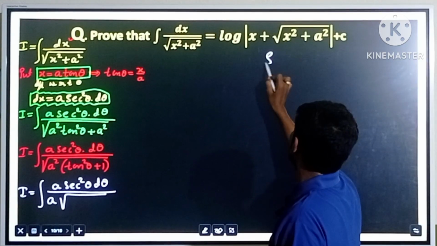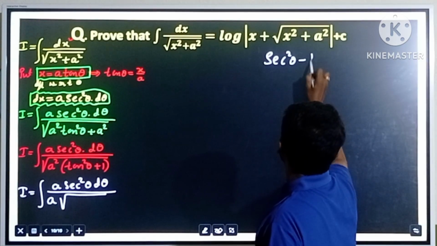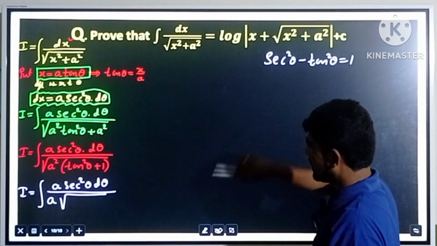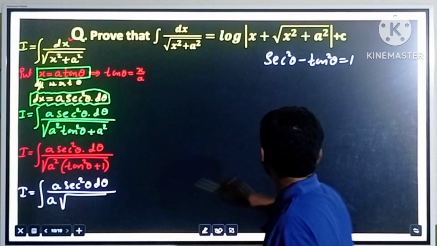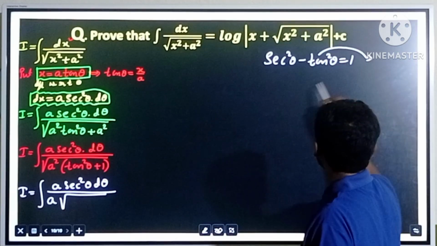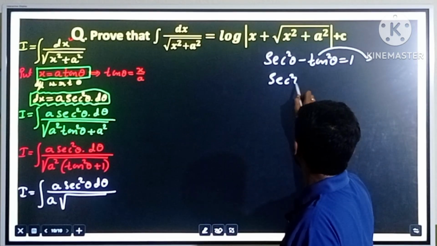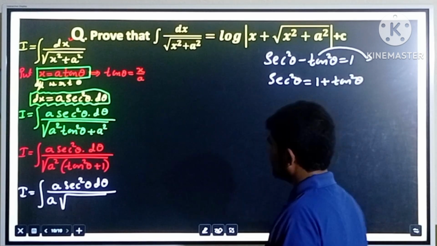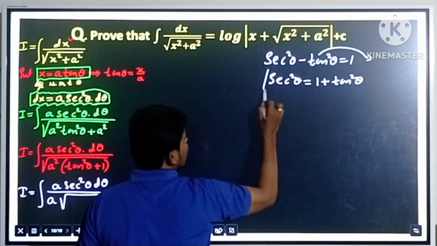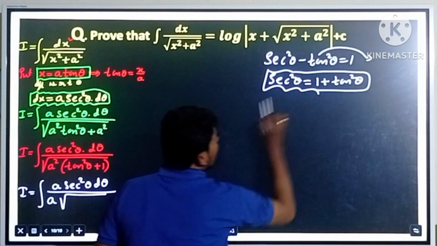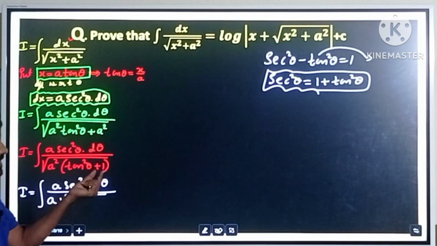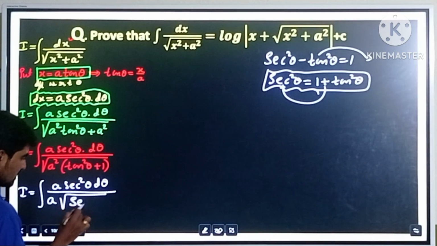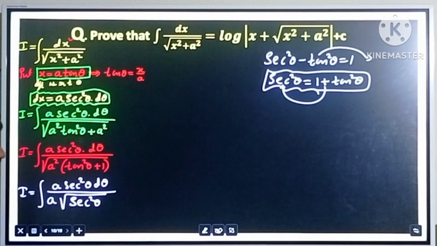We know that secant square theta minus tan square theta equals to 1, which implies, shifting tan square theta to the right side, secant square theta is equals to 1 plus tan square theta. So by using this identity, in place of tan square theta plus 1, I can write secant square theta. I hope all of you are understanding.